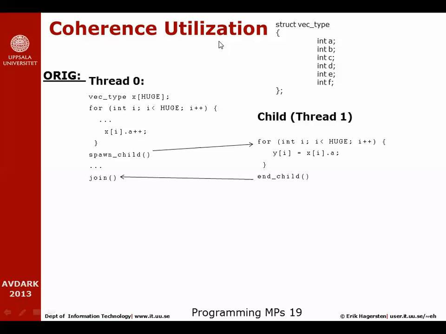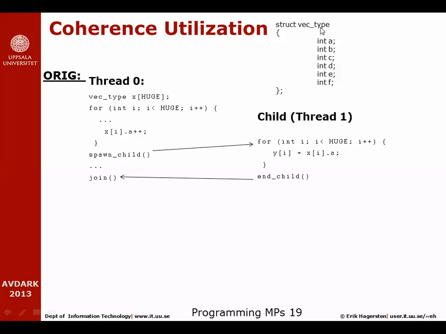Here we have a slightly different example where, in the parent, we go through a vector of a struct, and then we update just one member of the struct. So we update all the A's for all the entries of this vector X. And once we have incremented that, then we spawn a child, and the child is going to use exactly those values.